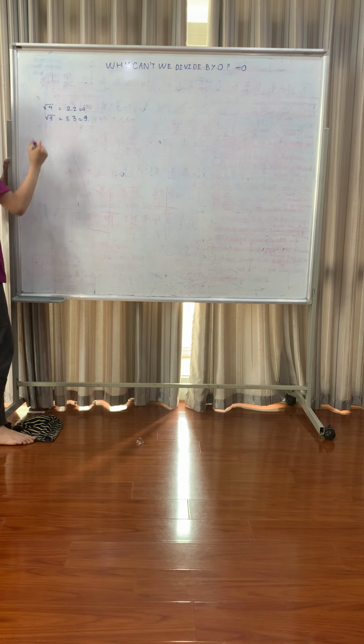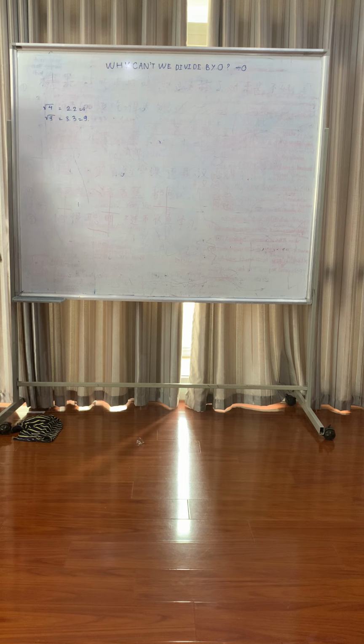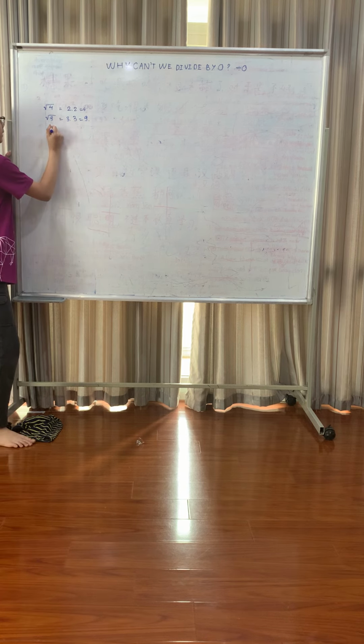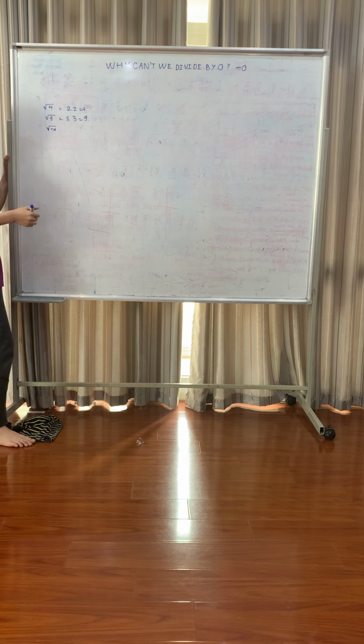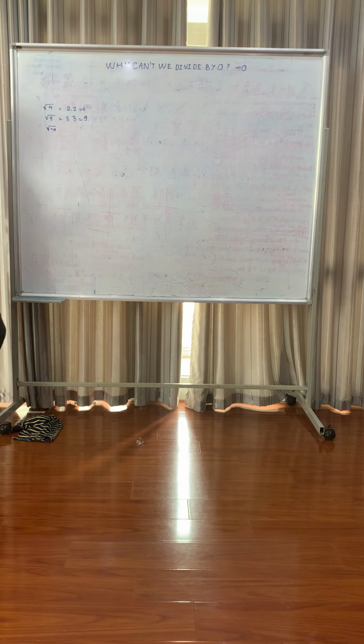But since you can only find the square root of positive numbers, can you actually find the square root of negative numbers? Of course not, because negative numbers don't have a real square root.